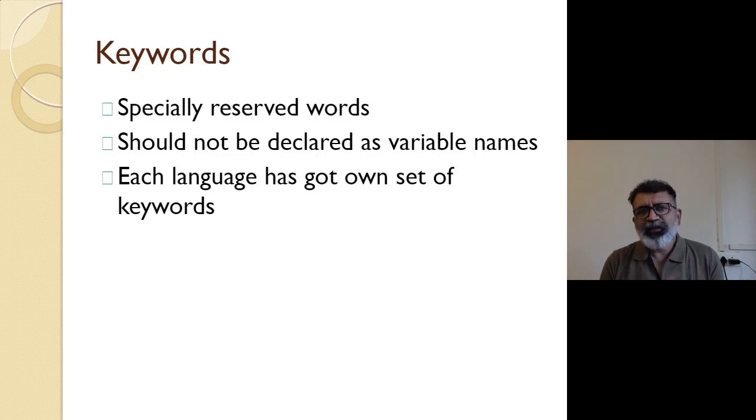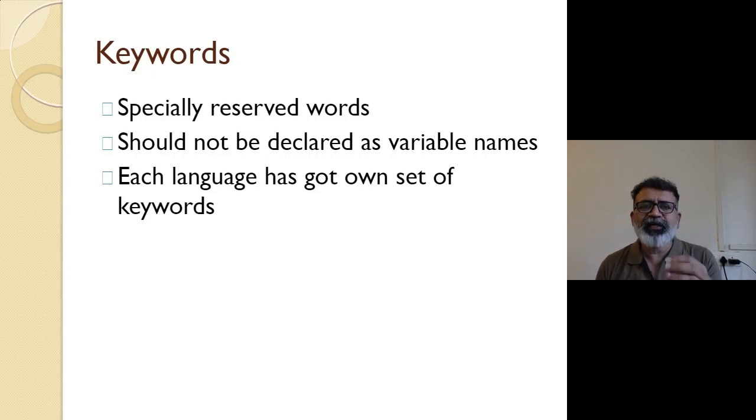There are somewhere around 48 keywords whose meaning is explained to the compiler, and these are reserved. What we mean by reserved words is that you won't be able to use those words as names when declaring variables.